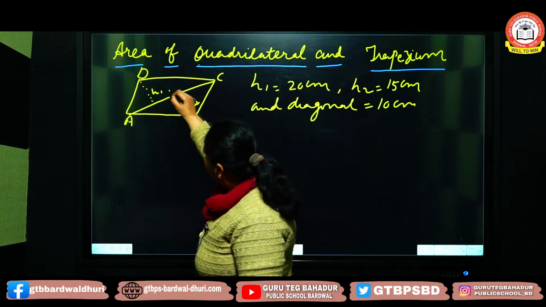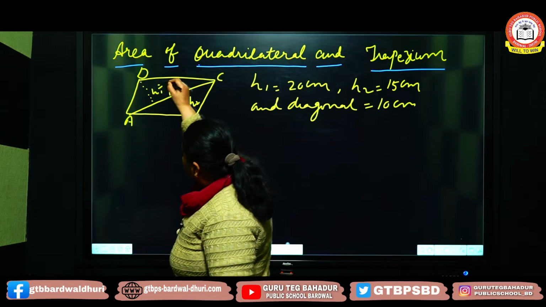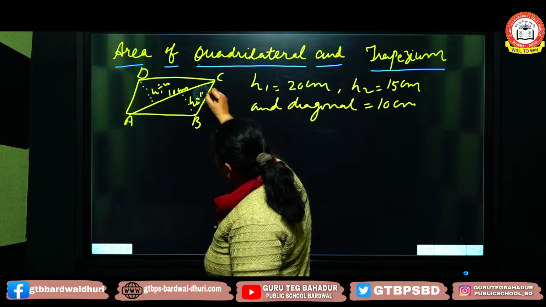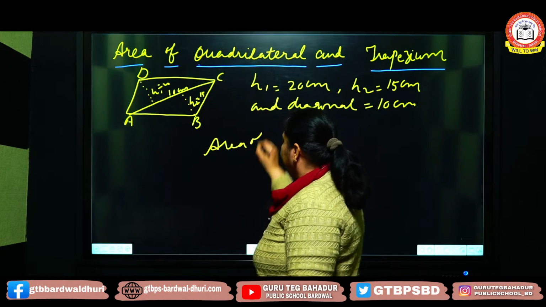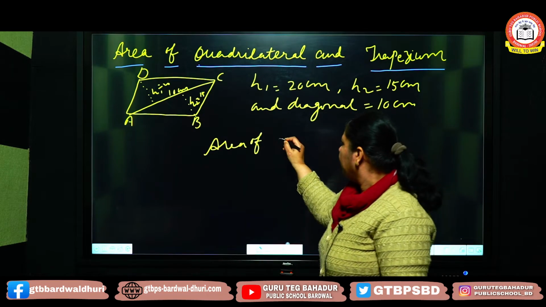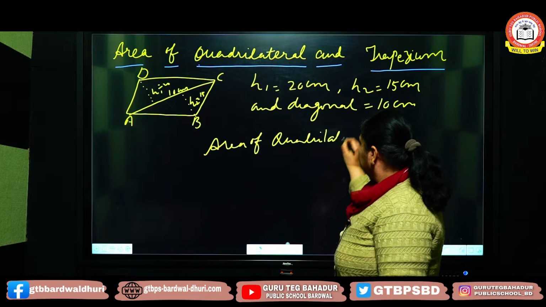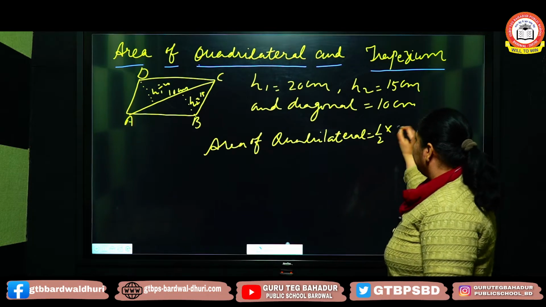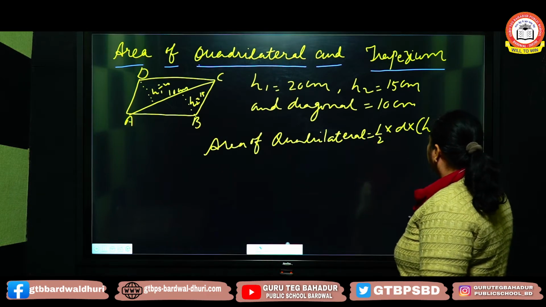Means the diagonal is 10 centimeter, H1 is 20 and H2 is 15. So how can we find its area? We use the same simple formula, area of quadrilateral, that is half into diagonal into H1 plus H2.